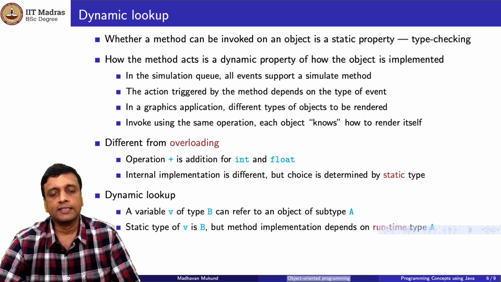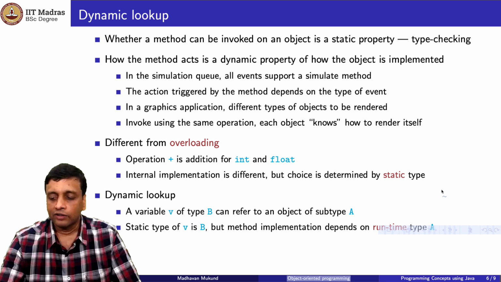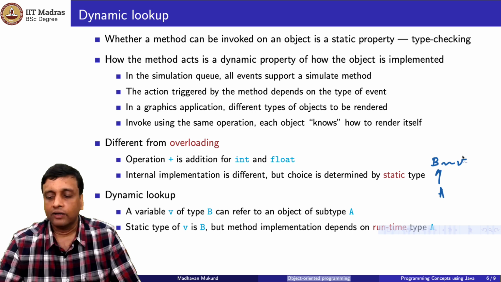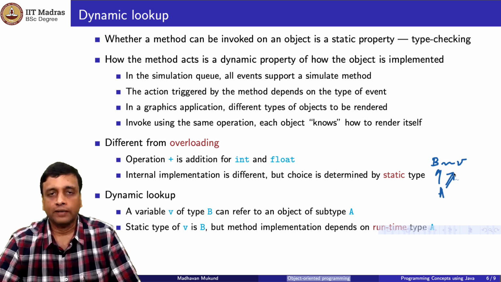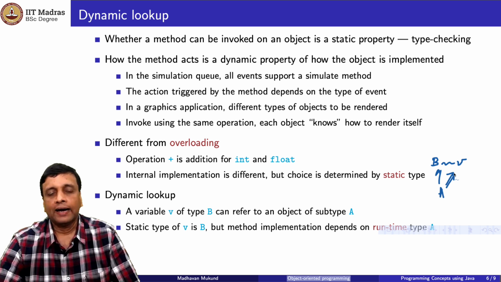So, for instance, if A is a subtype of B, and I have declared V to be of type B, I can actually assign V to point to an object of type A. Although statically the compiler believes that V is of type B, at runtime the value stored in V is actually of type A. Now if I take a function which is defined for B and I execute it on the object stored in V, it will not take the definition based on the type of V, which is capital B. Rather, it will take it based on the type of the object that is stored.